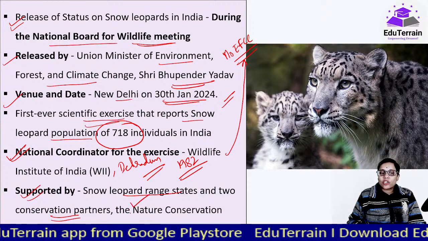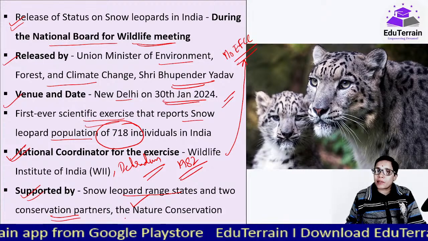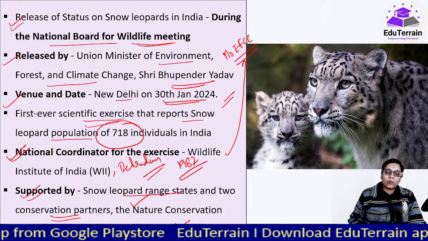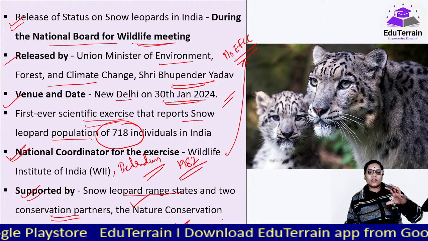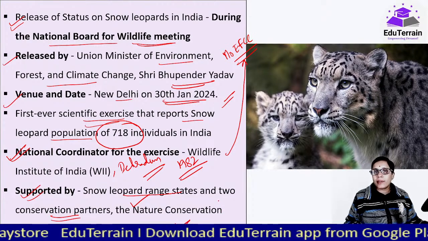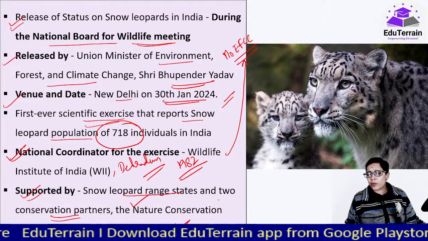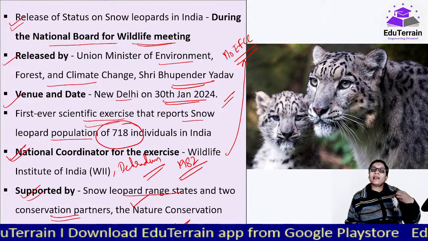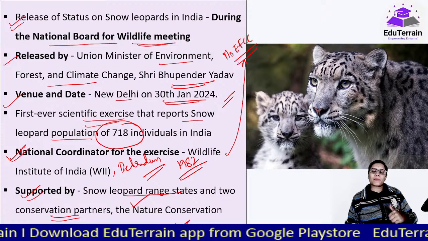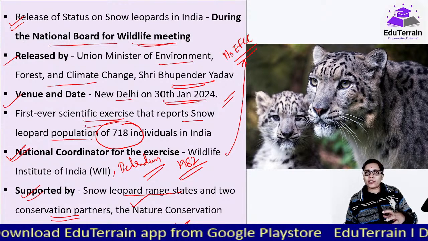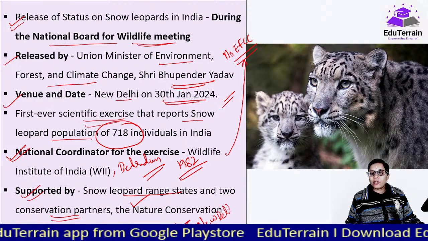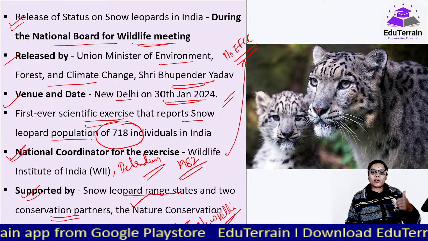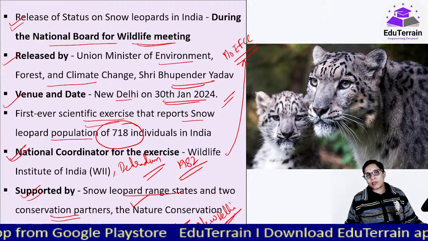One is the Nature Conservation Foundation, which is in Mysuru, and the other is the World Wildlife Fund, which is headquartered in Washington, US. They have a branch in India as well, which is in New Delhi. So they have also supported WII in this assessment.